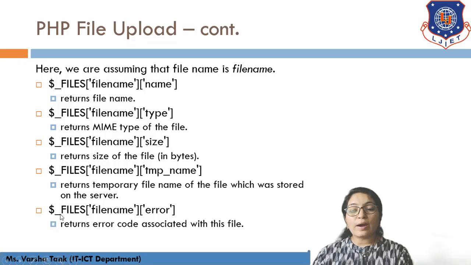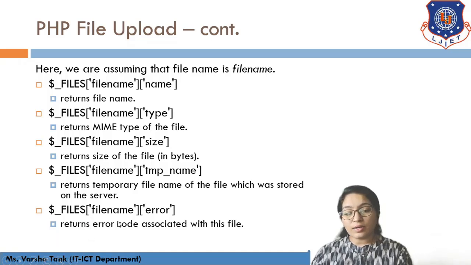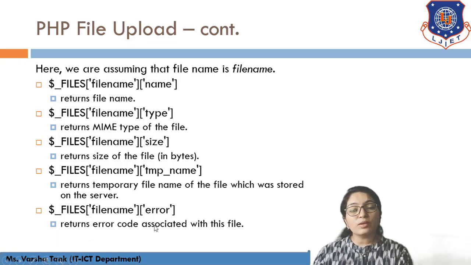Next, $_FILES['file']['error'] returns the error code associated with this file. So these are the associative array entries that return the value according to the key: name, type, size, temporary file, and error.